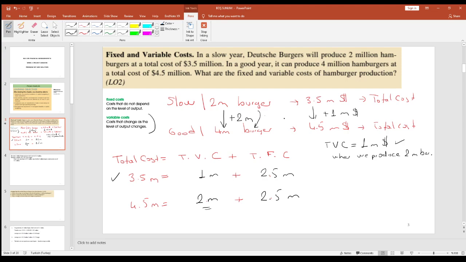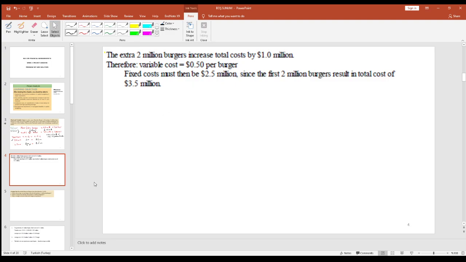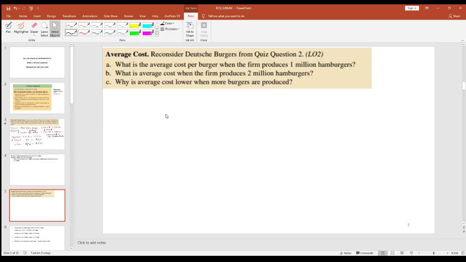If you produce 2 million burgers, you have $1 million variable cost, so you need 2 million variable cost for producing 4 million burgers. By this logic, the 2 million is correct. Alright, I simplified the solution here, and let's move on to the second problem.